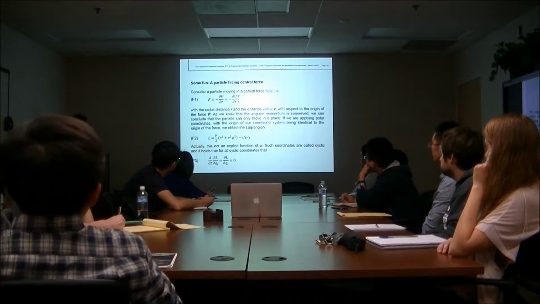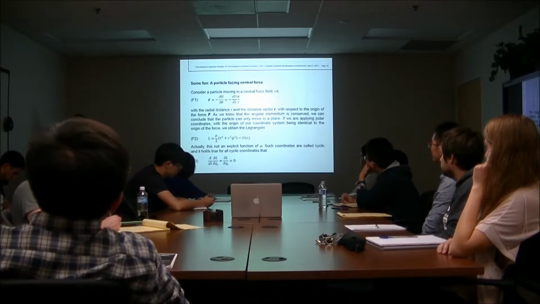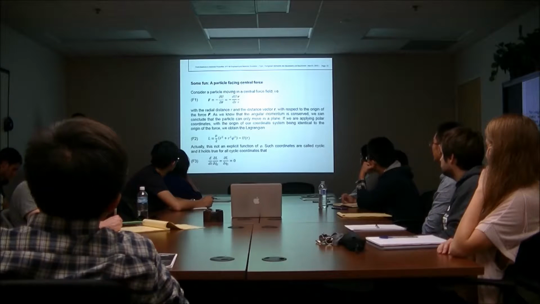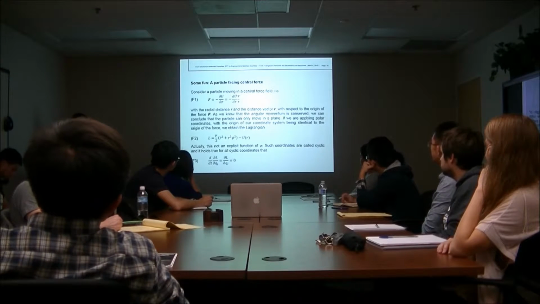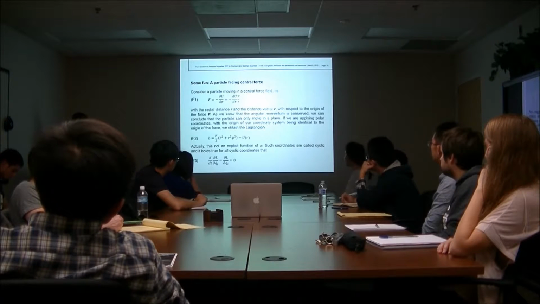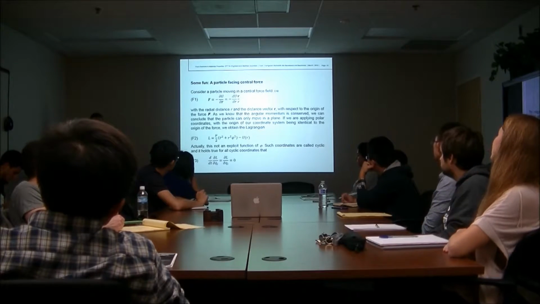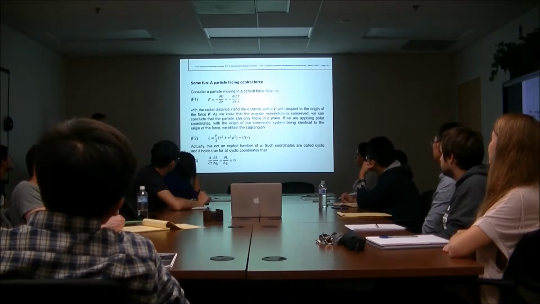What we may see is that this Lagrangian is not explicitly a function of the angle. It is a function of the distance and of the temporal derivatives of the distance and of the angle, but not of the angle itself.